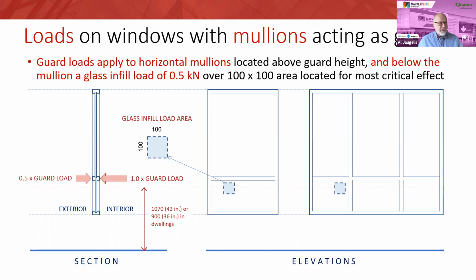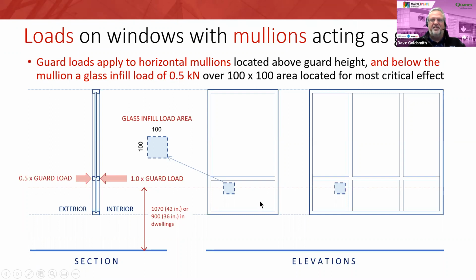It just means that, just as the wall is not formally or technically a guard, the window is supporting the guard load. And this is where some engineers would say, well, since it's functioning like a guard, I think the glass below the horizontal mullion should be supporting the infill load. But I think it could be a matter where engineers differ. I think that's a possibility.